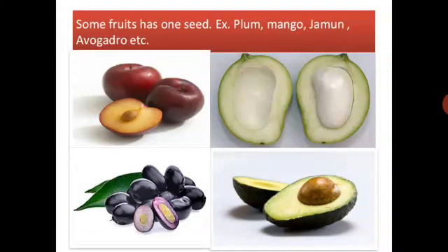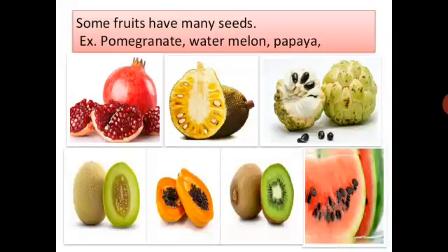For example, plum, mango, jamun, avocado and so on. They have only one seed inside them. And these are examples of fruits that have many seeds. For example, pomegranate, watermelon, papaya, custard apple, kiwi, muskmelon and jackfruit. We can see so many seeds inside them.